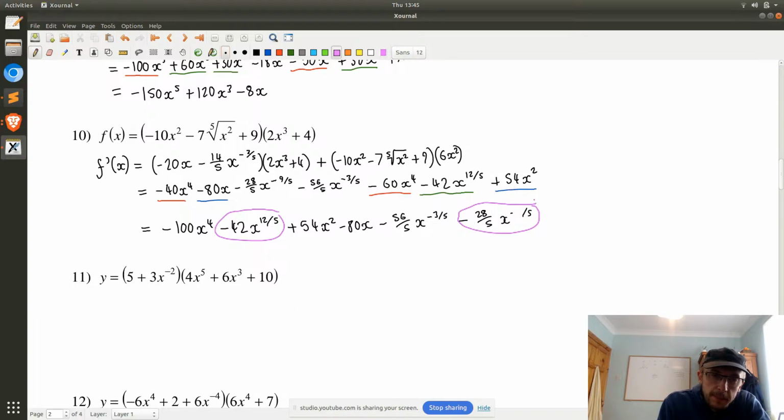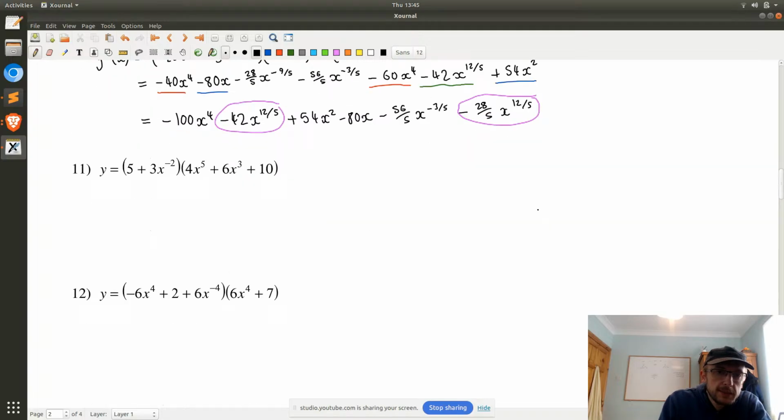So that should be 12 over 5. That should be a positive power, and it should be the 12th power over 5. All right, just to be clear here. All right, so I get that.